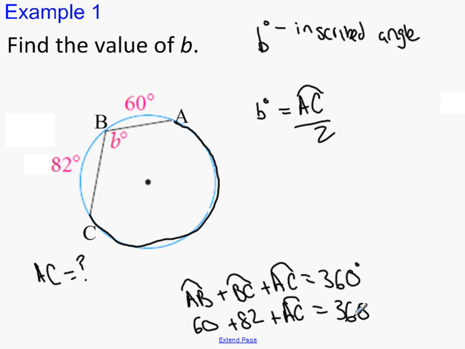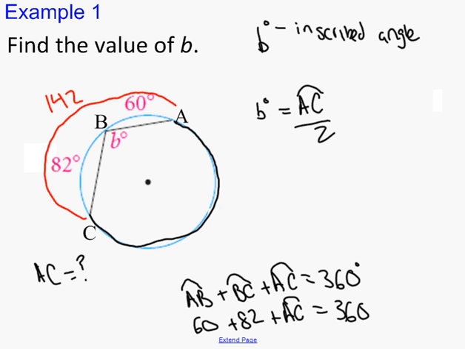Well, let's do the math. 60 plus 82, that's 142. So these two arcs added up together, it's 142. 360, take away 142, gives us 218.